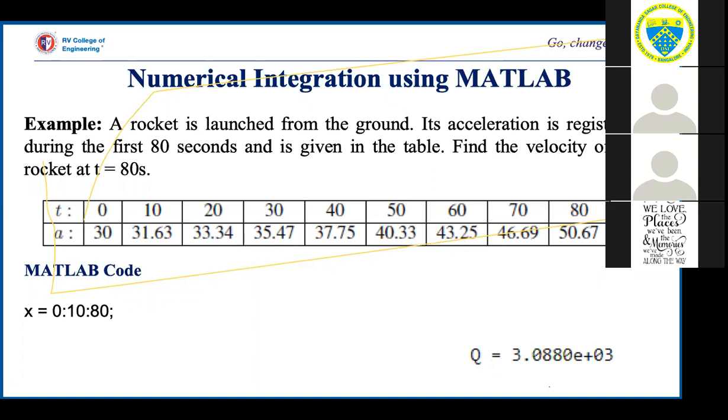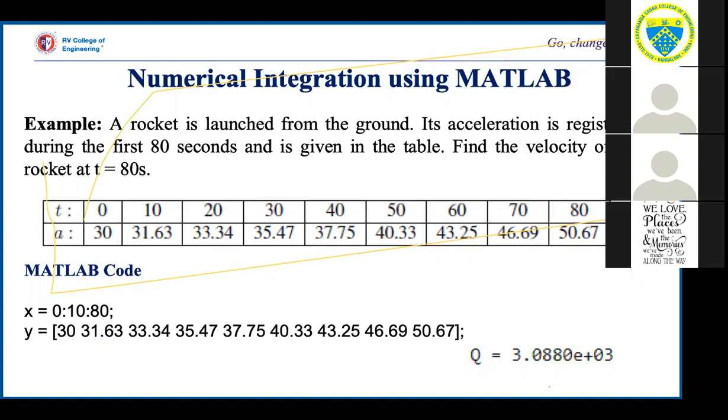Since they are equally spaced, I have given the step length as 10. This is my y. If they are unequally spaced, you have to specify x. I'm using trapezoidal rule here, and this is the solution. See, in the previous example, function was known.